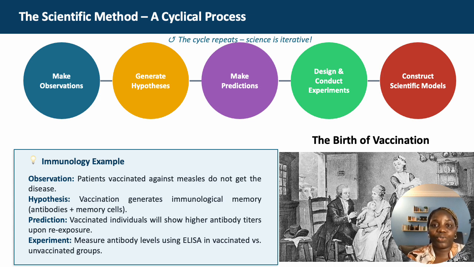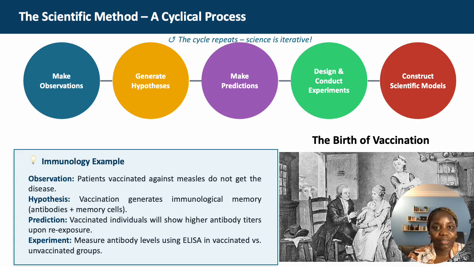That was a real scientific advance at that time. Jenner had no concept of B cells, T cells, or antibodies. He did not know what a virus was. He was working almost a century before Pasteur and Koch established the germ theory of disease.